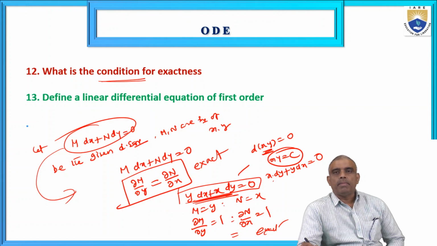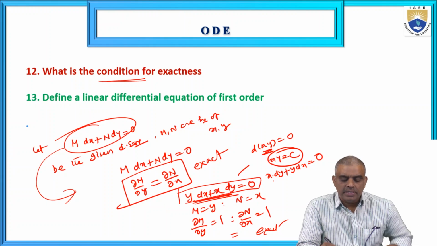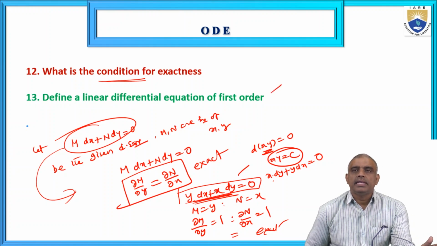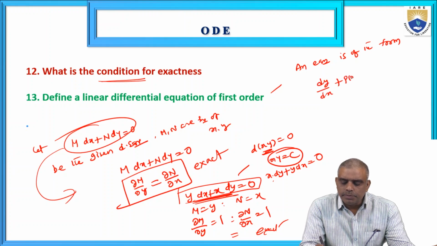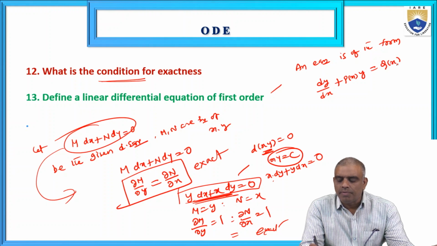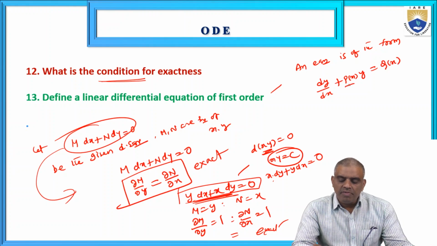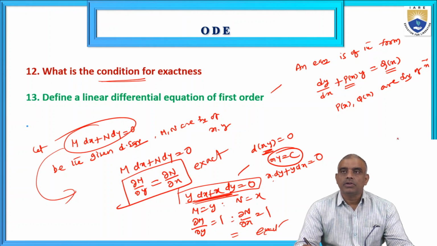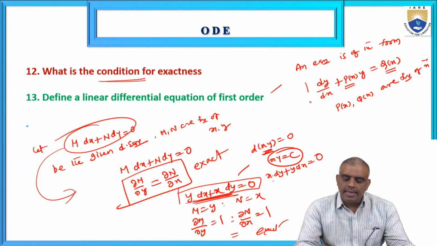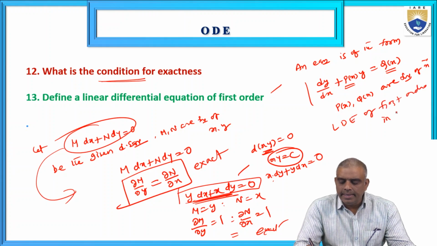Then coming to the 13th problem, define a linear differential equation of first order. So what is the standard form of the linear differential equation? An equation of the form dy by dx plus P of x into y is equal to Q of x, where P of x comma Q of x are functions of x, is called a linear differential equation of first order in y.